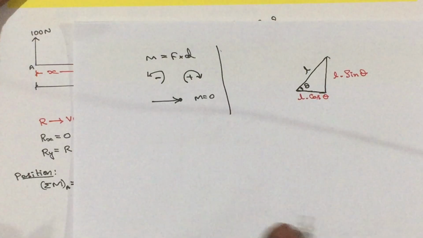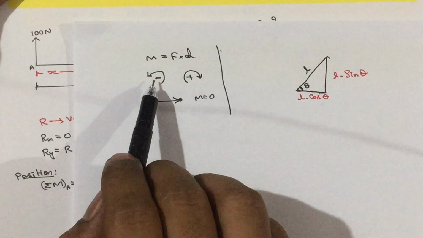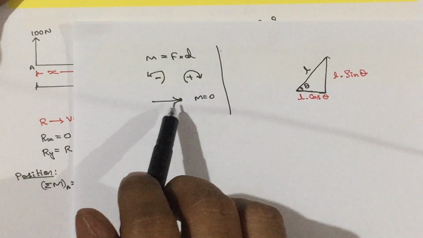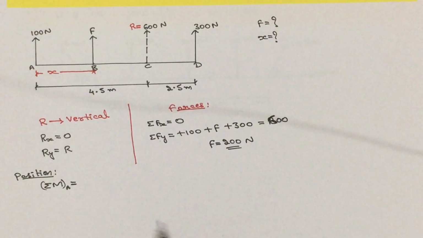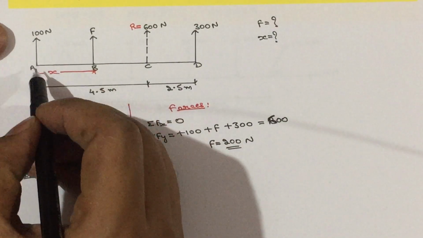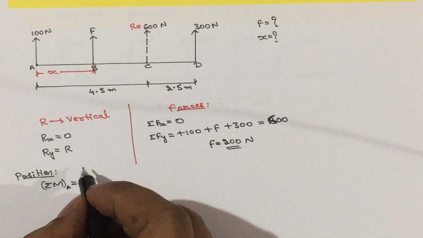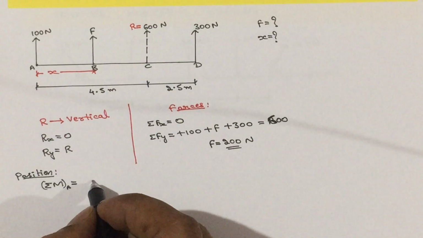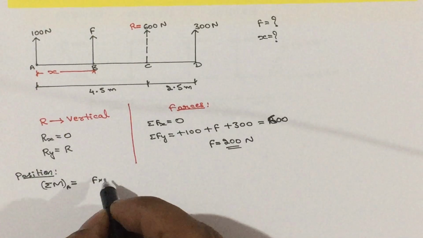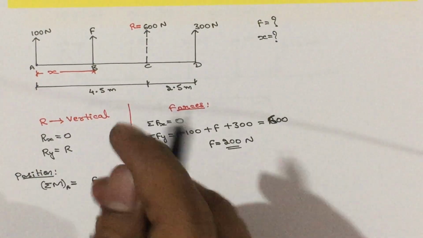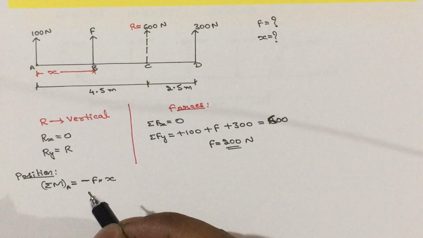While calculating the moment, we need to keep these things in mind. Moment means F into d, clockwise positive, anti-clockwise negative. If the force is passing through the moment center, then the moment will become 0. Here we are calculating with respect to A, and the 100 Newton force is passing through the A point, so it will become 0. Then force F into the perpendicular distance of this force F from the point A, which is x, and it is rotating anti-clockwise, so minus.